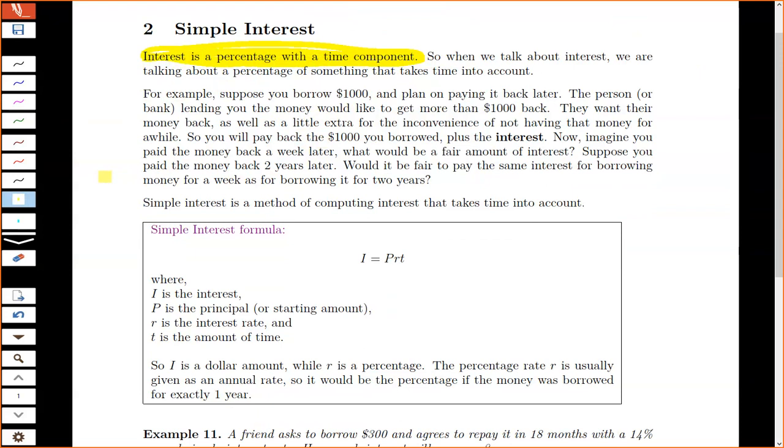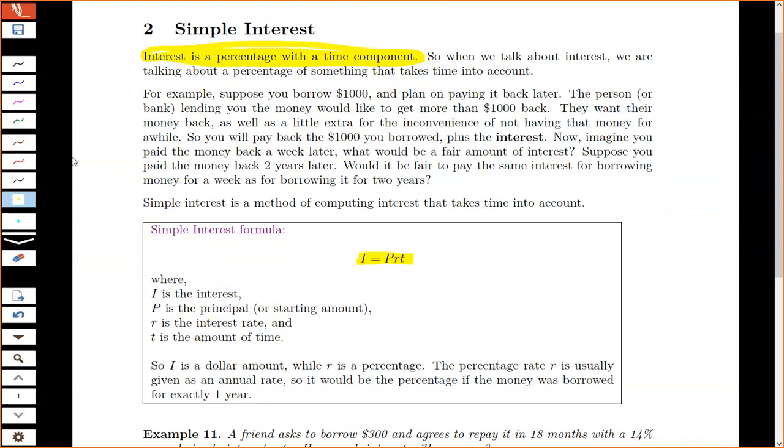When we take a percentage of something, we multiply, and we'll just throw an extra factor in there for time. So here's our simple interest formula: I equals PRT, where I is the interest amount, P is the principal or starting amount. If we were borrowing money, P would be the amount that we borrow. R is the interest rate, and T is the amount of time.